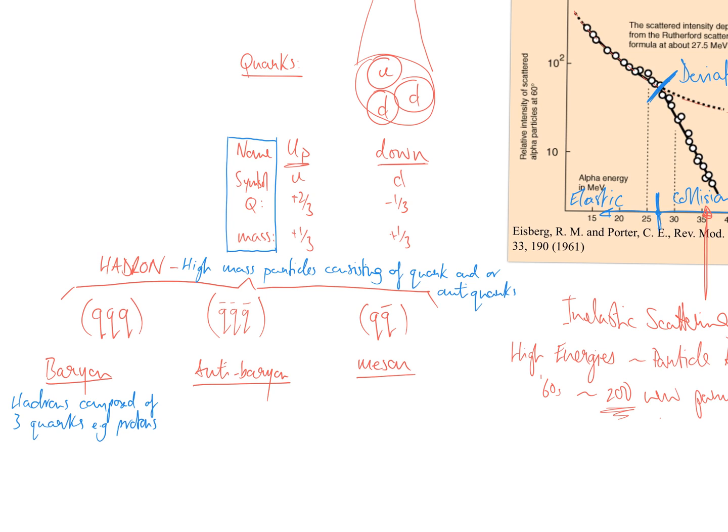An antibaryon is a hadron composed of, I'm sure you've guessed it, 3 antiquarks, e.g. antiproton.